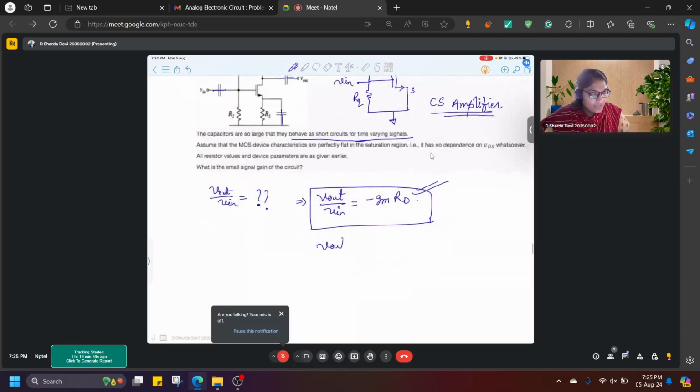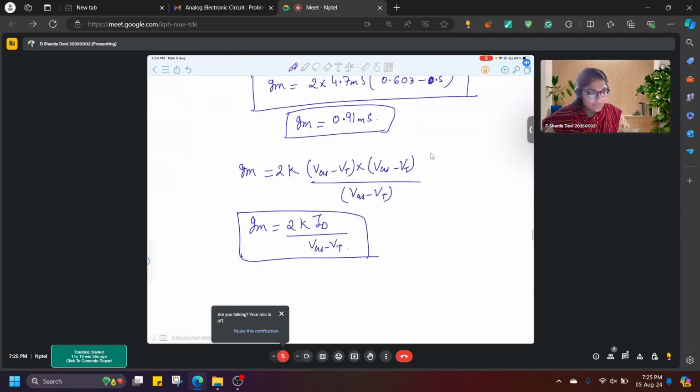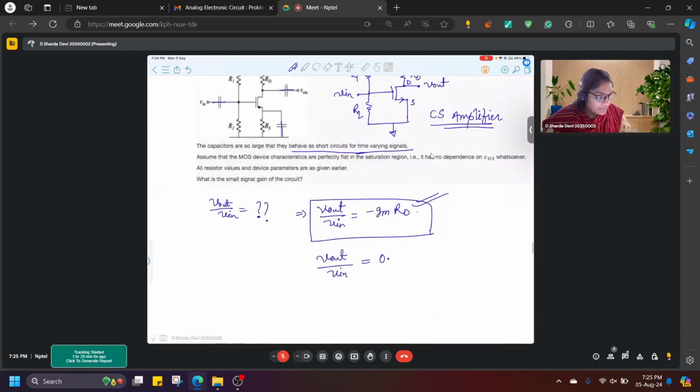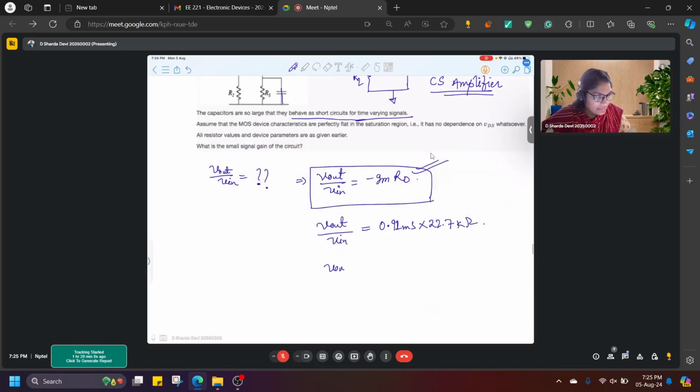So now we already know that gm, we solved it earlier, was 0.91 millisiemens, and RD was 22.7 kilo ohms. So with this, the small signal gain turns out to be 20.7 volts per volt.